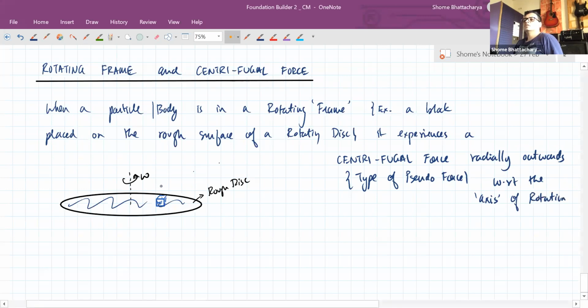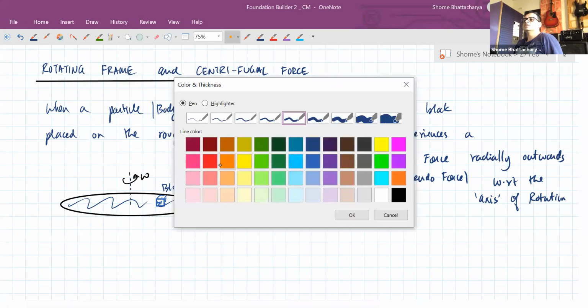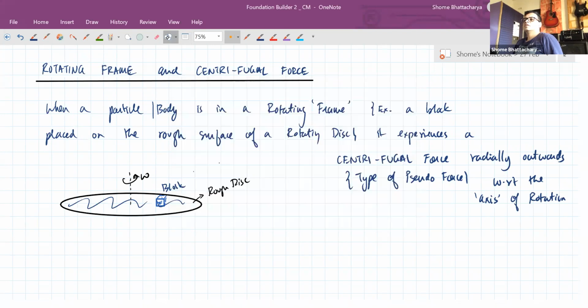So this block in the rotating disc will tend to experience an outward force like this, which is called the centrifugal force.